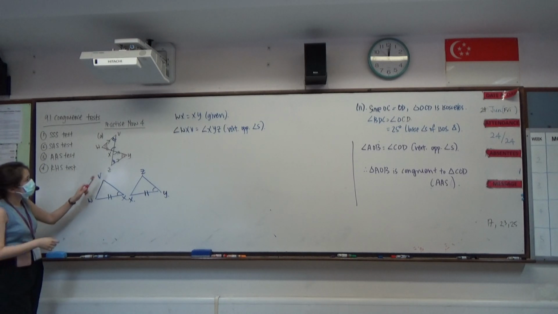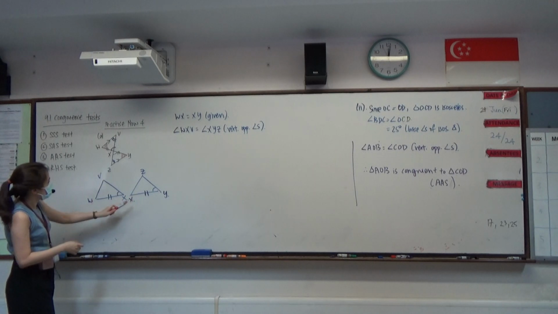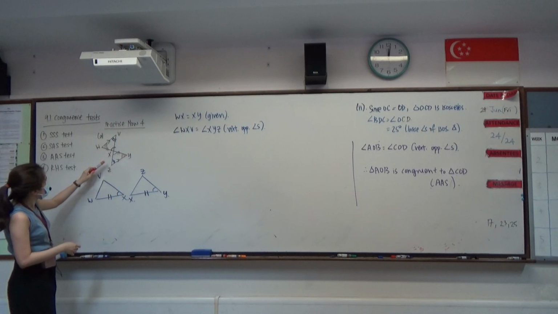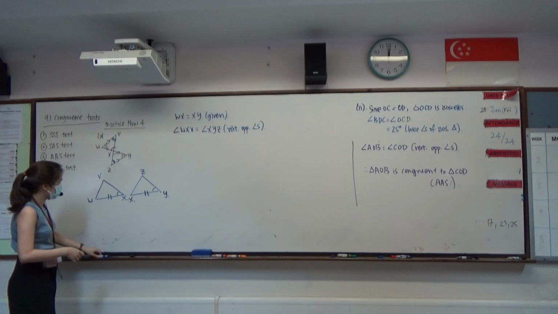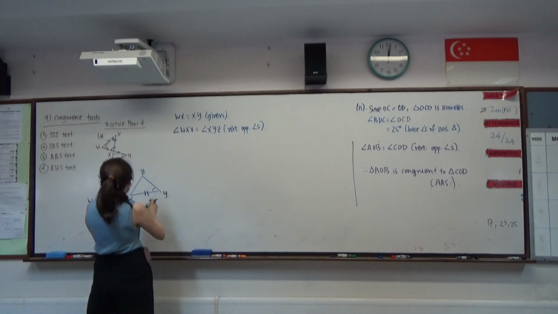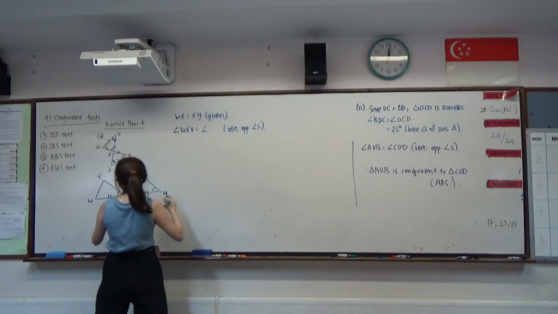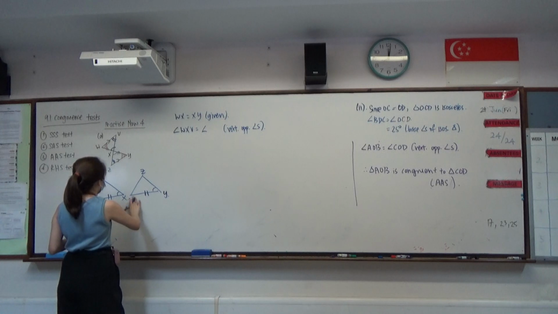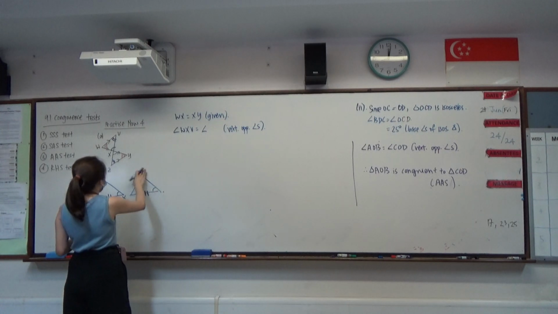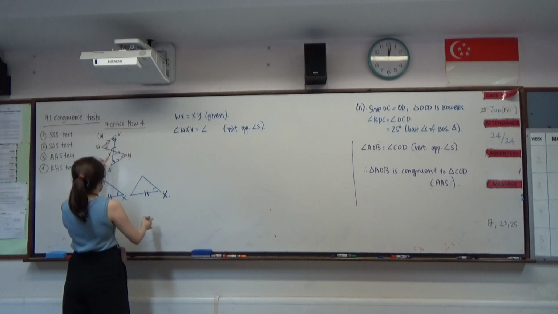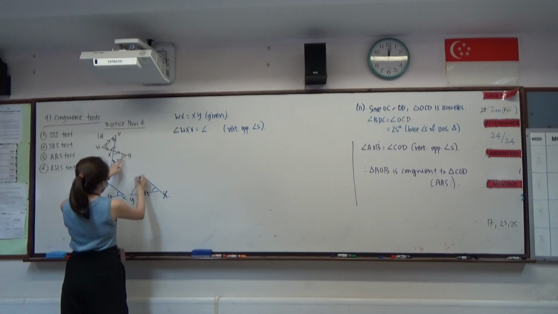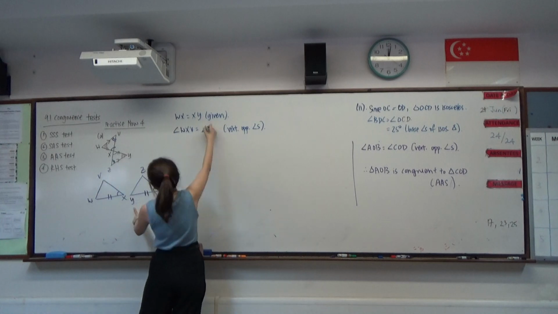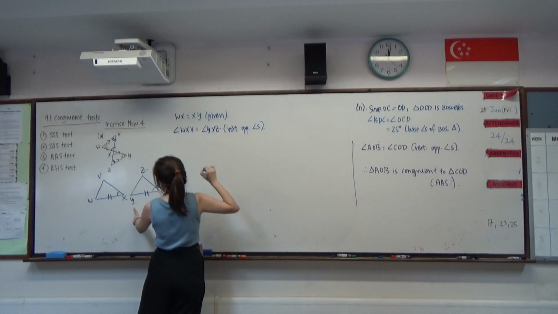Wait here. Right. X, Y, Z. Oh, sorry, my diagram here is not correct. W, X, V, and then we have to have the angle here. So this is the X. And then after that, this must be the Y, this must be the Z. So Y, X, Z. Yep.